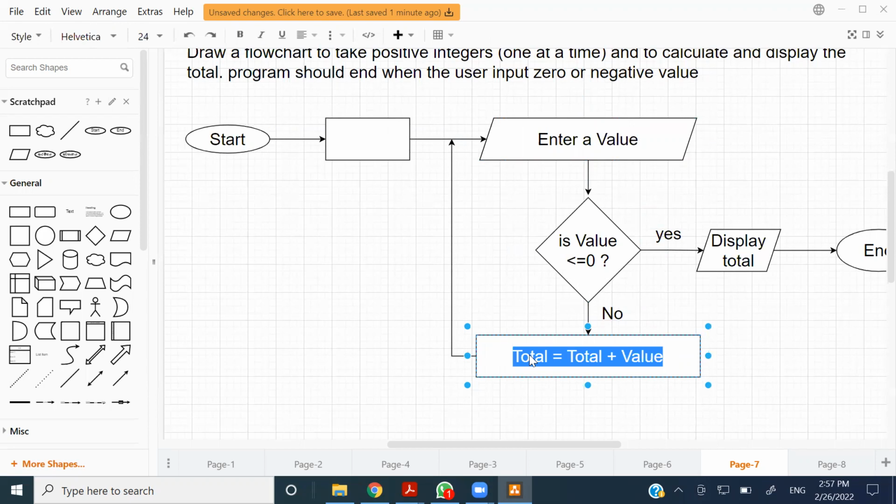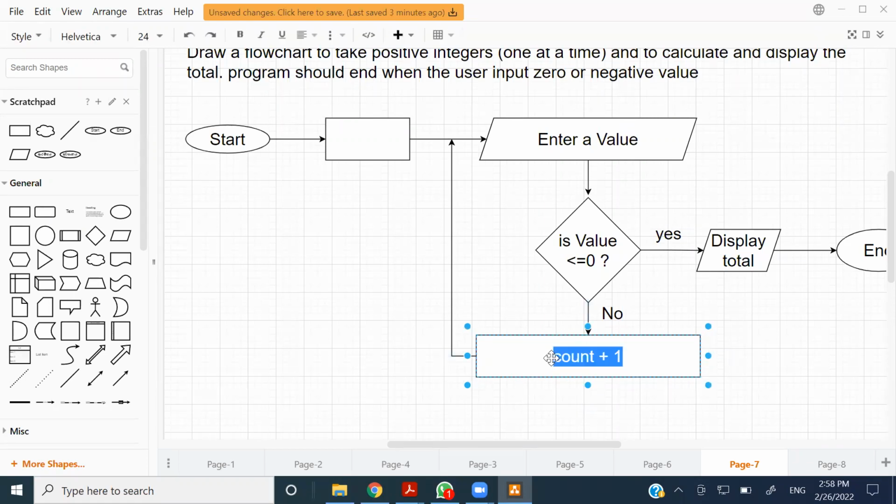So I'm saying add 1 to my count. Before I enter any value, I have nothing in my count, so count is 0, right? When the program is provided with a value, your count should be increased by 1.